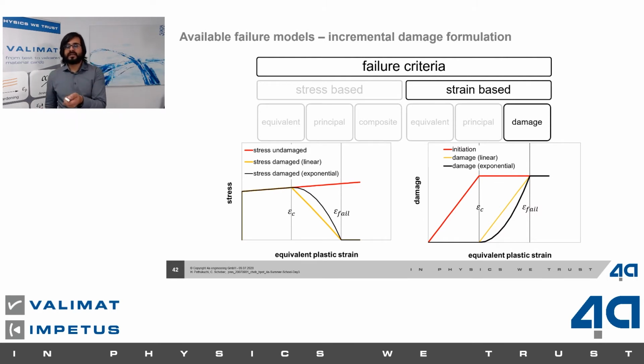As soon as we reach the critical strain, as shown in the picture on the right, your damage variable starts to evolve. There are different ways you can define your damage evolution. You can do it linearly, as shown with the orange curve, or you can do it exponentially, as with the black one.